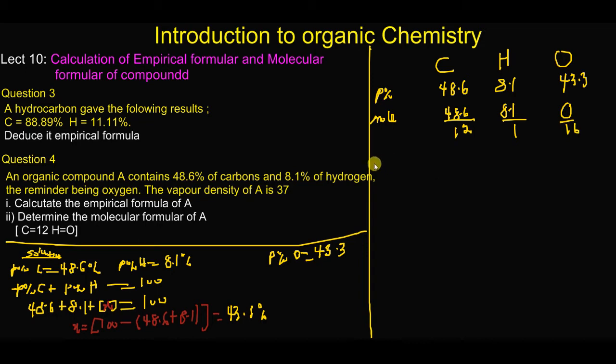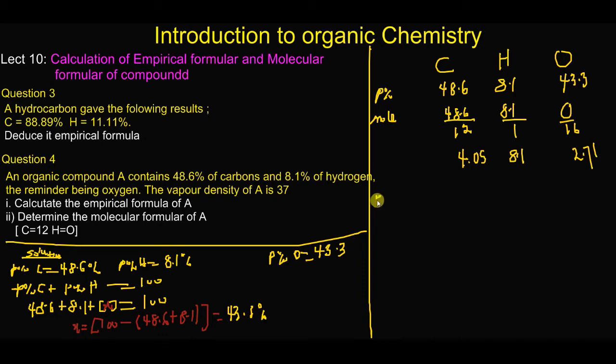When you do your mathematics well, the ratios become 4.05 for carbon, 8.1 for hydrogen, and 2.71 for oxygen.